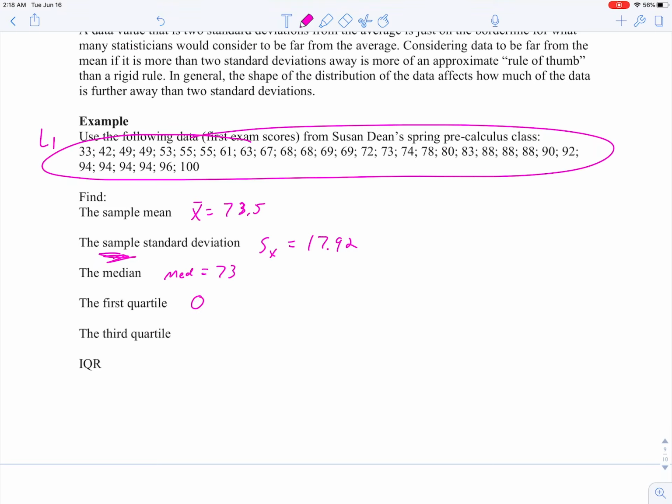The first quartile is Q1 on your screen, which is 61. The third quartile is Q3, which is 90. And remember the equation for the interquartile range, the IQR: Q3 minus Q1, so that'd be 90 minus 61, which is 29.